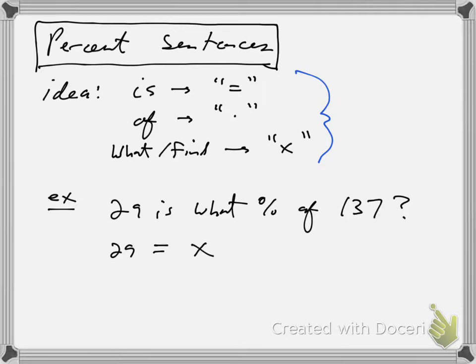That's my x, my unknown. Of is times 137. Now, it looks like to get x by itself, I've got to divide both sides by 137. In the last problem, x was already by itself, wasn't it? So x is equal to 29 over, I don't know why I wrote a 139 when it's 137.